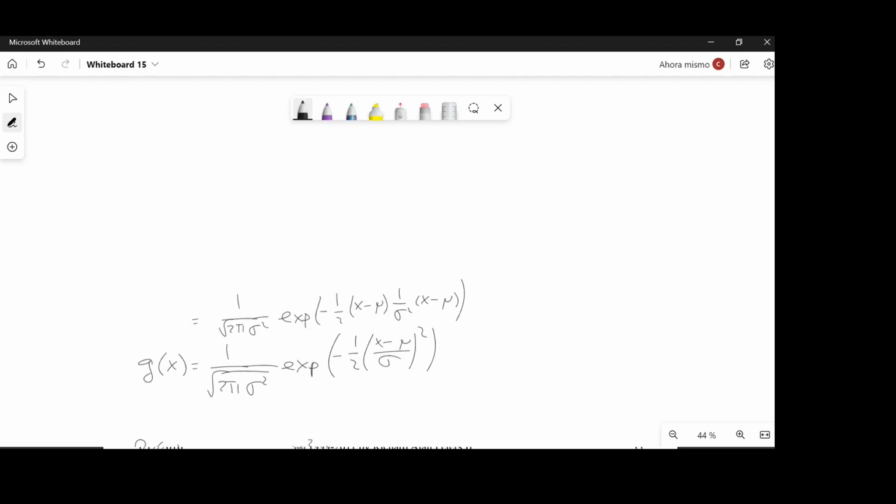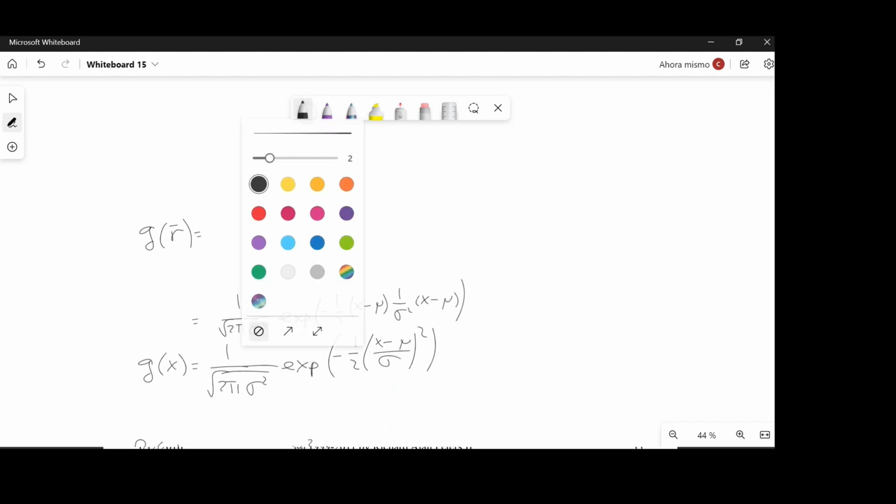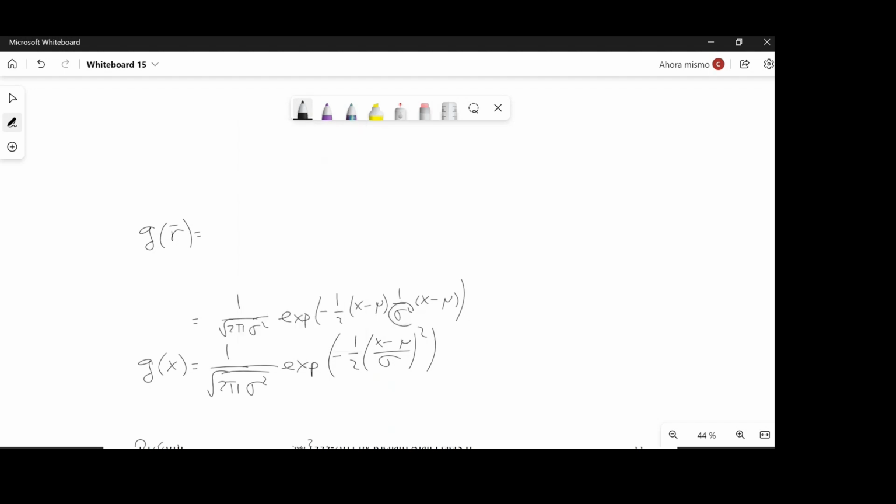Okay, so now we have g, and this g depends on a vector that has x and y. So you know the covariance matrix, right? So what is this sigma? This sigma is the variance. You may remember the definition of variance. So it was the expected value of your variable minus the mean of that variable squared. Do you remember that?